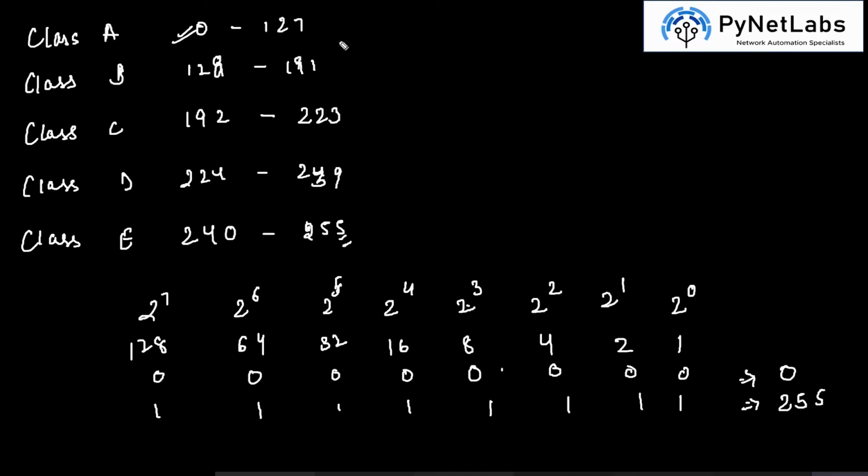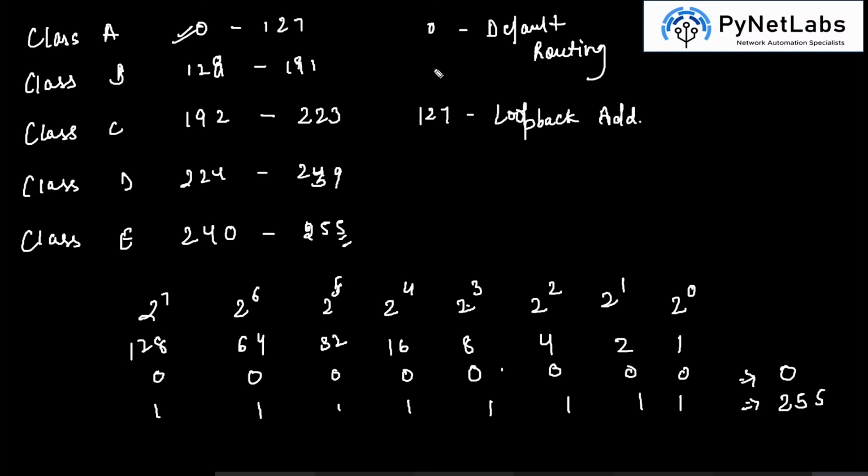Darshan, the class range for class A is 0 to 127 only, but 0 is used for default routing and 127 is a loopback address. But they still are a part of the class A range only.